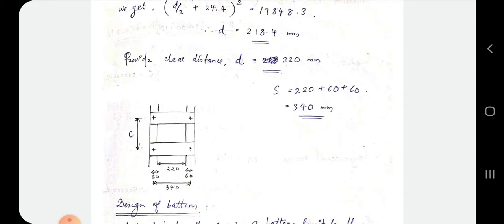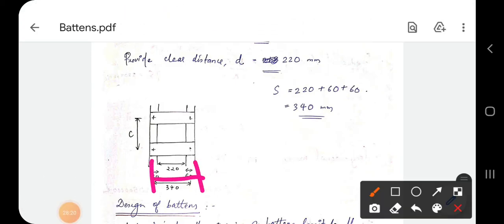Okay, now we have to find out S. What is the definition of S value? S means the minimum transverse distance between the centroid of bolt groups on either main members.